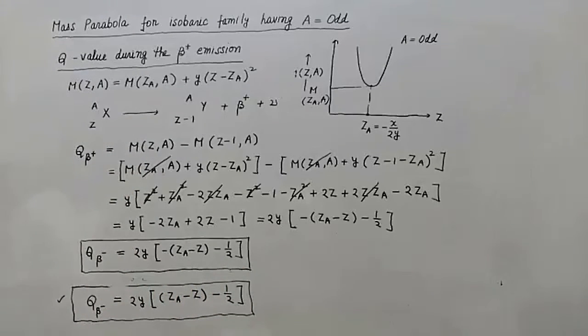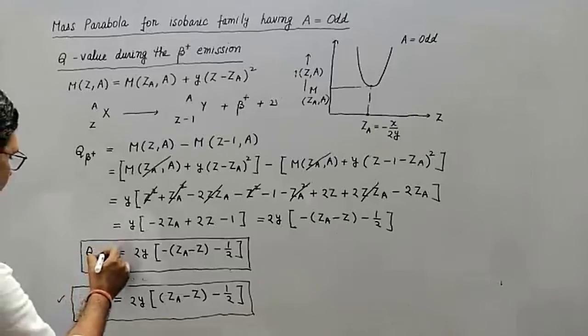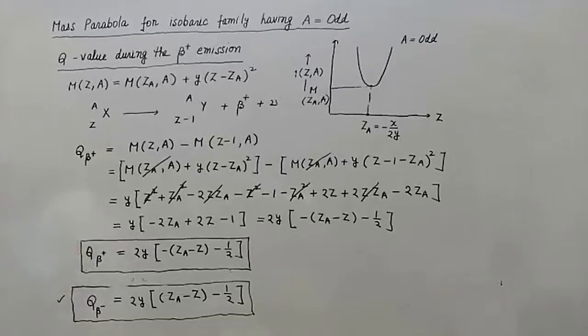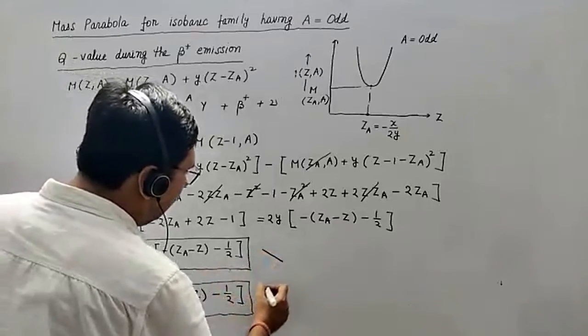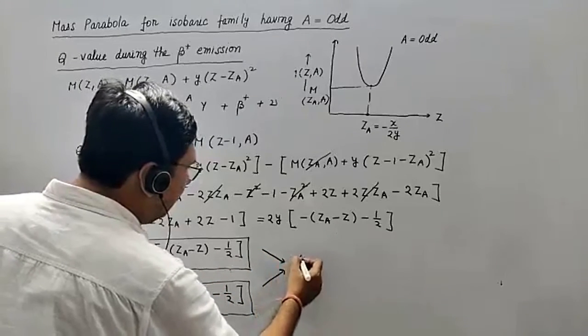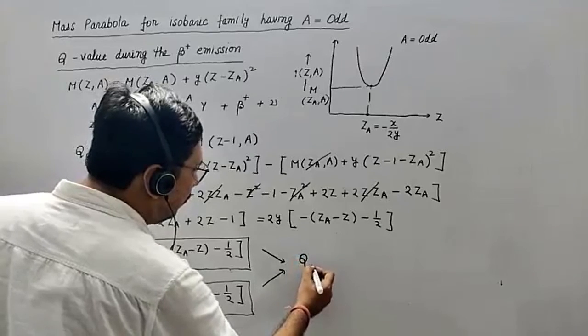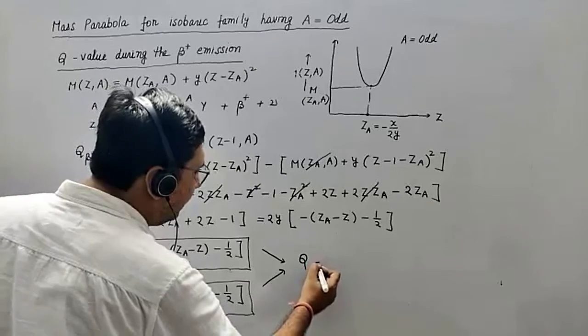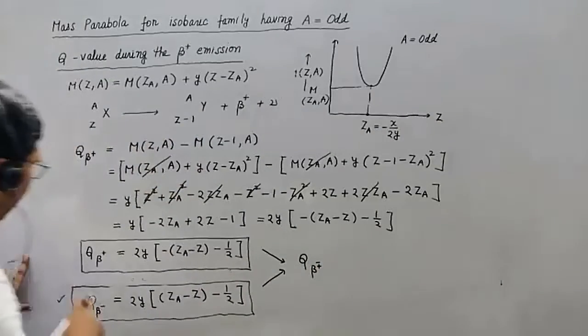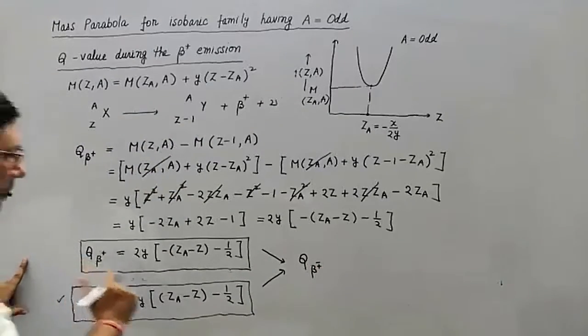In an isobaric family, we can combine these two formulas together. Sorry, this is beta plus. So we can combine these two formulas, and we can write them as Q beta minus plus.